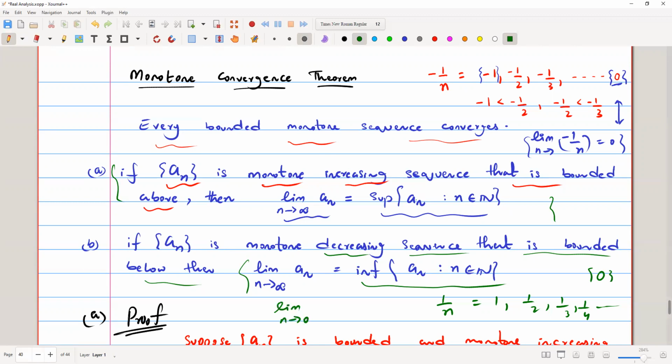So in these two very simple examples, the limit and supremum, and the limit and infimum, are equal. In the monotone increasing case, if the sequence is bounded, then the limit is equal to the supremum. And for the monotone decreasing case, the limit is equal to the infimum.